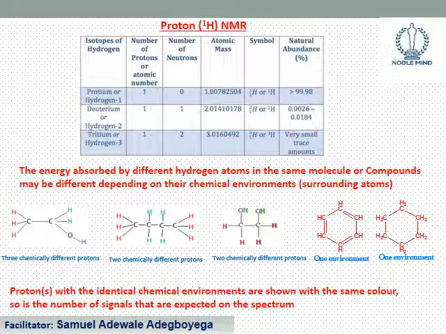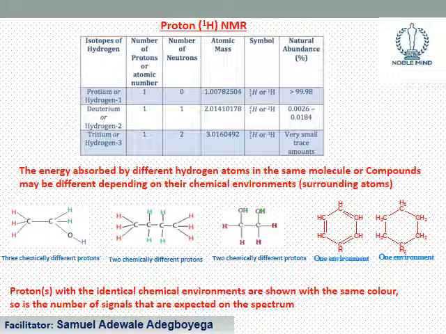You could see in the first one, you see a carbon that is bonded to 3 hydrogen atoms. The 3 hydrogen atoms are on the same carbon, and that carbon is bonded to another carbon atom.